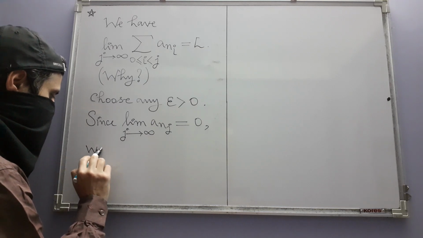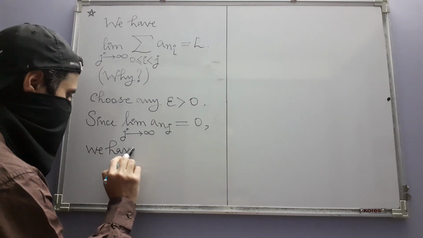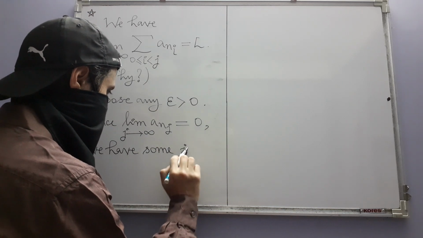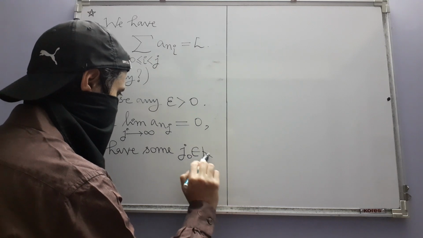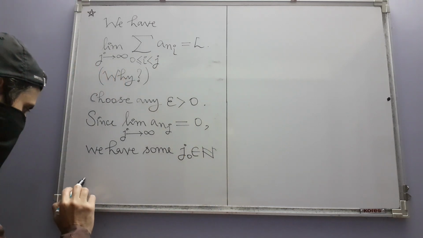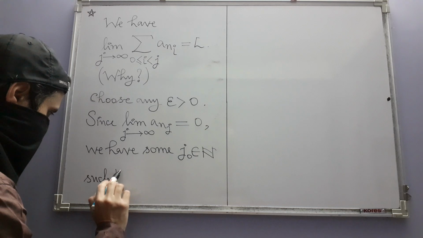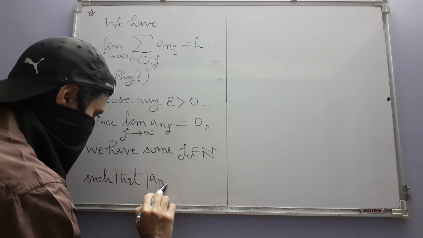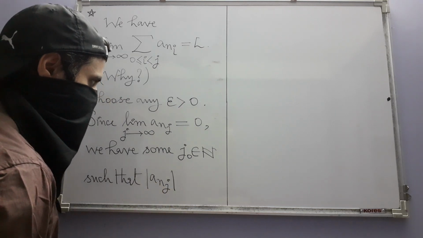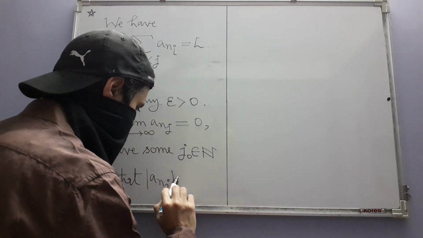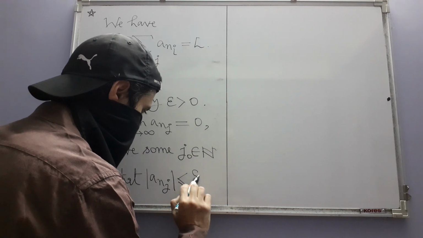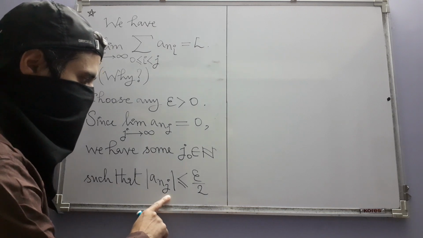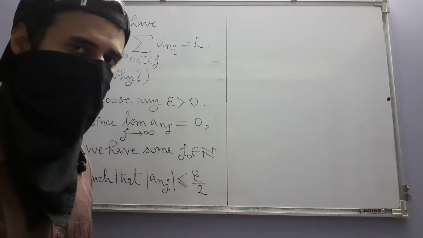We have some natural number j naught such that the absolute value of a n j, these terms, is less than or equal to epsilon over 2 for all natural numbers j greater than or equal to j naught.